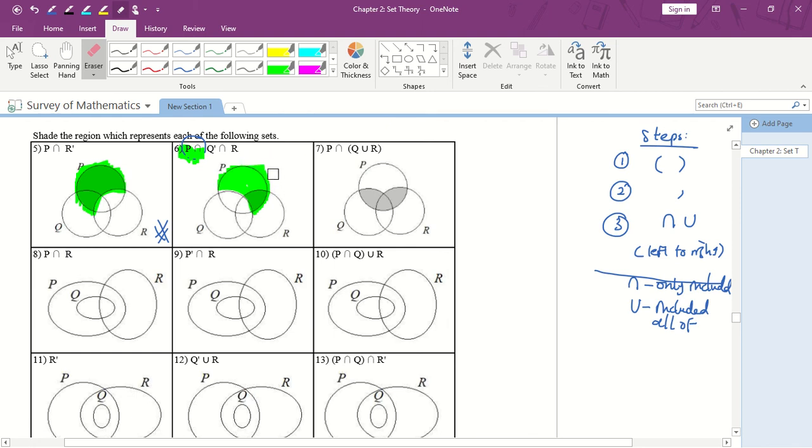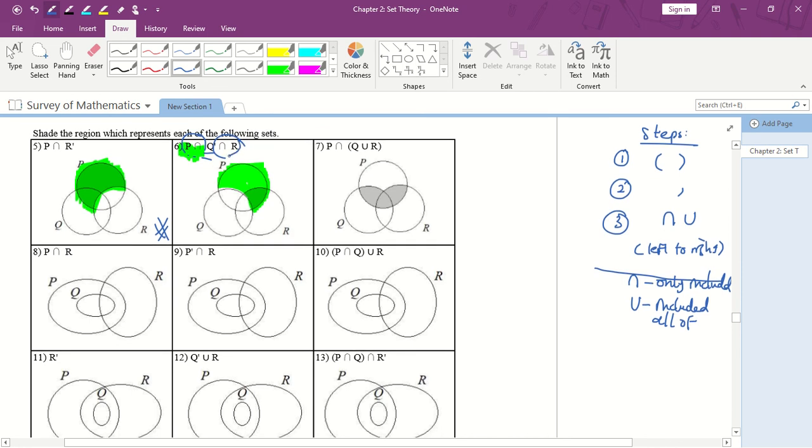Okay. And the next step, what does the next step say? Intersect R. Intersect R means what? Out of this region, only include R, which means that I need to erase the others that are not in R. So R is this region, right? Only include R. So I need to erase the region that is not in R. And that is the answer.